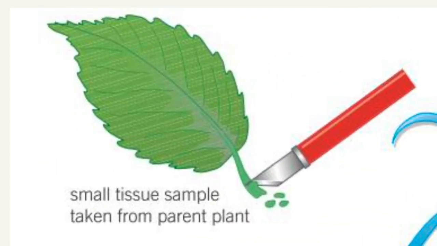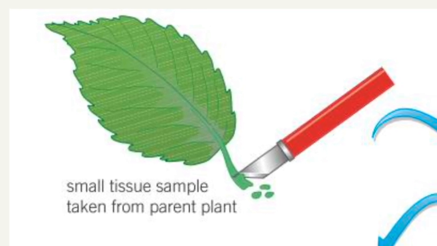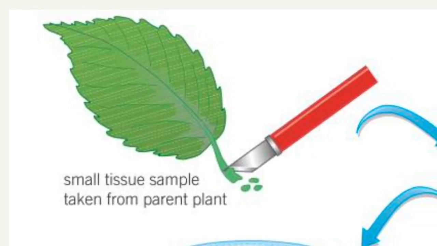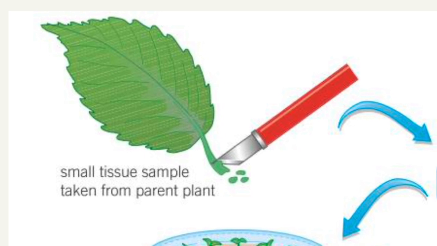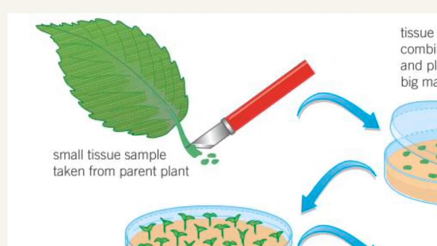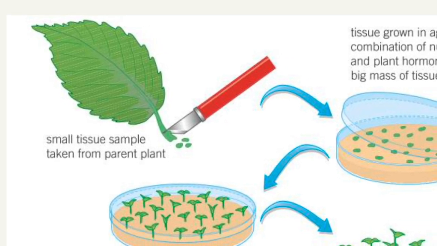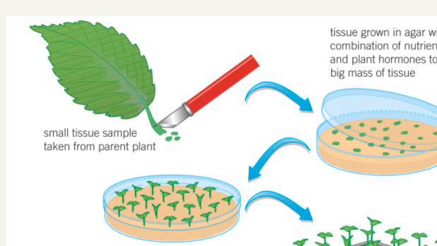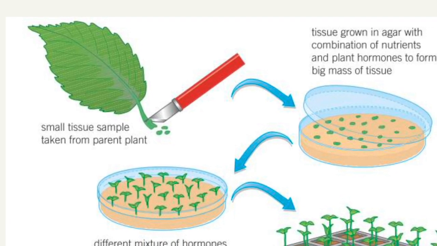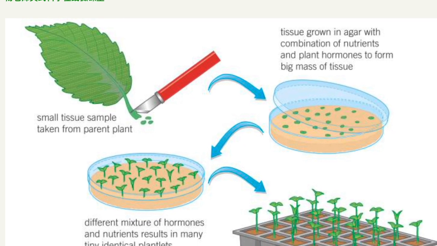Tissue culture is an artificial cloning method for plants. It is widely used in gardening and agriculture. Tissue samples can be taken from the parent plant, and the samples can be placed in agar in the laboratory, provided with the right nutrients, temperature, and hormones.